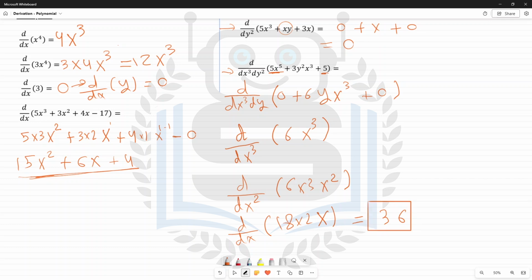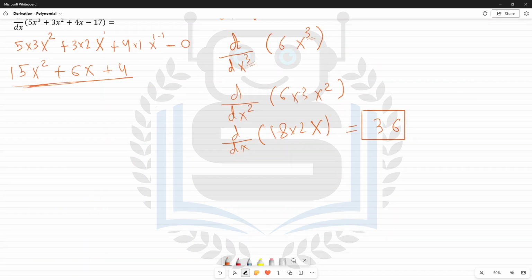Or let me show you another way, a tricky way. Whenever you have these two numbers equal to each other, like the derivative degree and the exponent of x to the power 3, so both are 3, what you can do is 6 times 3 factorial. So that will be 6 times 3 times 2, that equals 36.